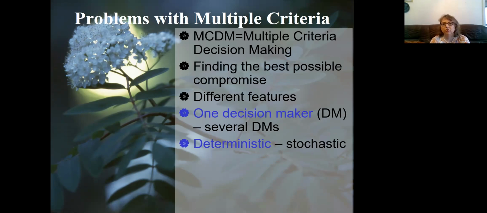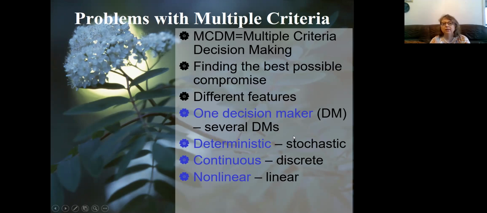I will assume that the functions are deterministic. There could also be some stochasticity involved. I assume that I have continuous functions instead of discrete ones, and there are some nonlinear functions involved, because typically in real life, some phenomena at least behave in a nonlinear way, which leads us to the consideration of nonlinear multi-objective optimization.